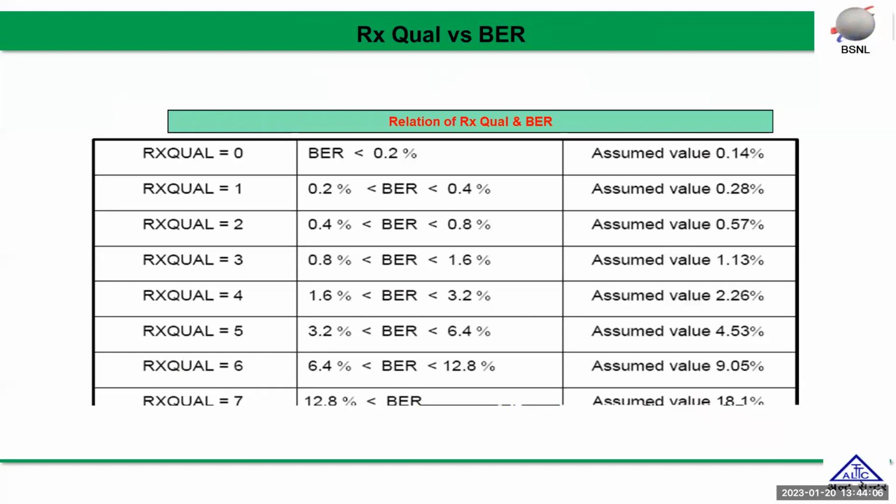Between 0.4% and 0.8%, RX quality is 2. From 0.8% to 1.6%, RX quality is 3. Likewise, when the bit error rate is more than 12.8%, RX quality is 7, the worst. 0 is the best RX quality and 7 is the worst.